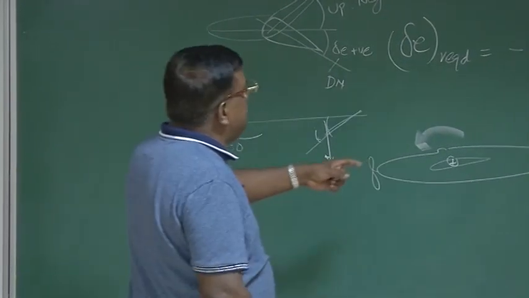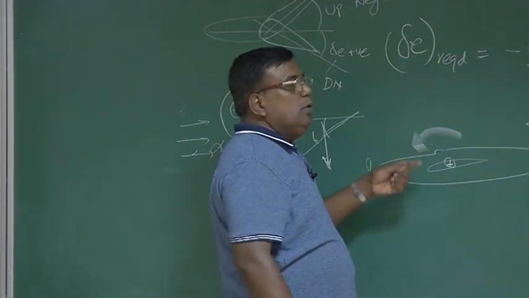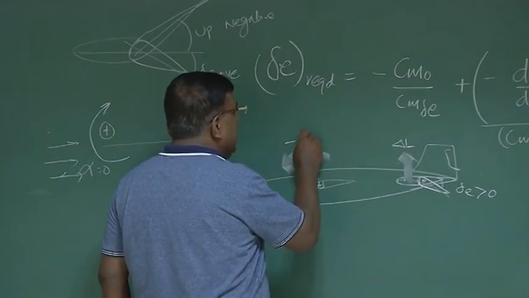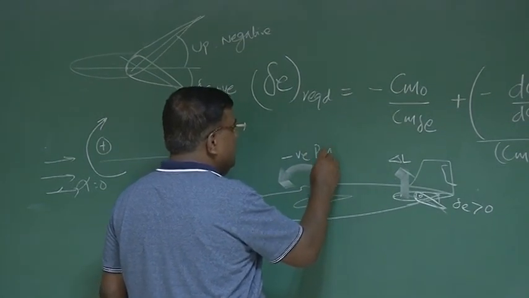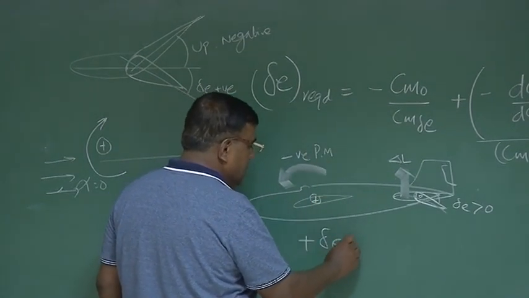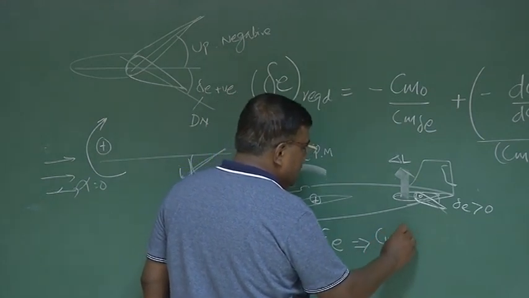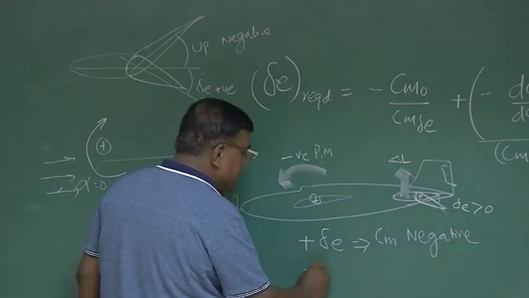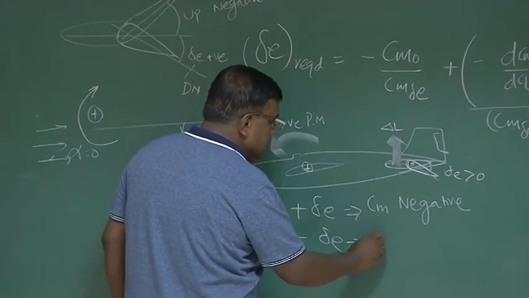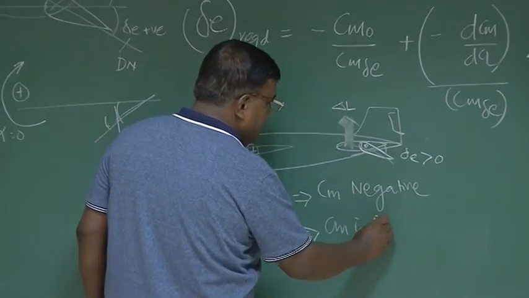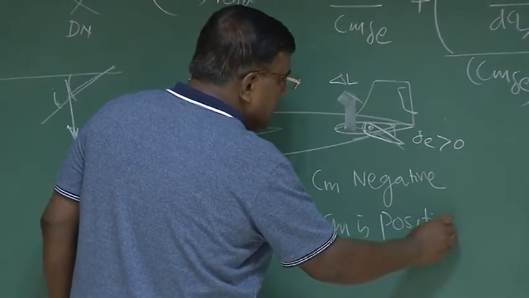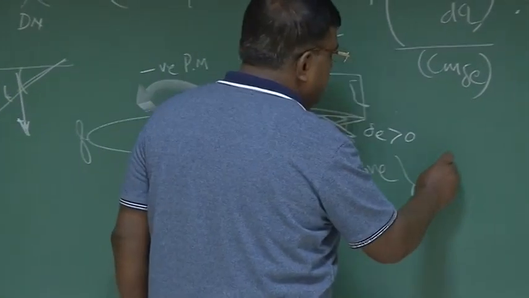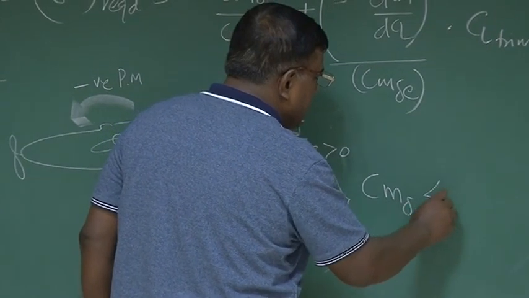So what is the sign of this moment? Nose up is positive and nose down is negative. So this will generate a negative pitching moment. So we say for positive delta E, Cm is negative. Similarly, for negative delta E, which is up, Cm is positive. And we combine this and we say the sign of Cm delta E is less than 0.